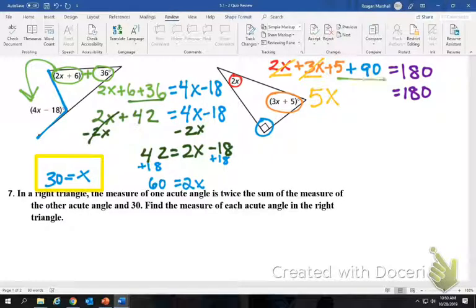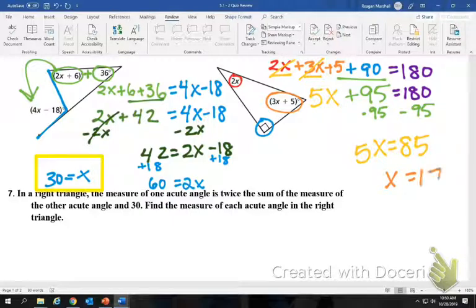And then 5 and 90, which makes 95. Subtract 95. 5x equals 85. Divide by 5, and x equals 17. So again, here it just asks for x, but on your quiz, I know for sure it asks you to plug it back in. So make sure you're ready for that.